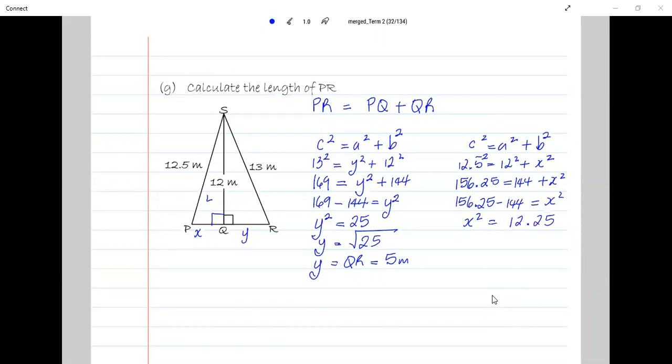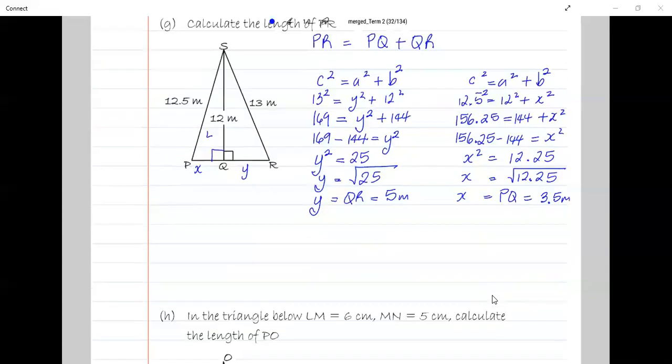The opposite of square is square root. So X would be equal to the square root of 12.25. So X, which is PQ, is equal to 3.5 meters.